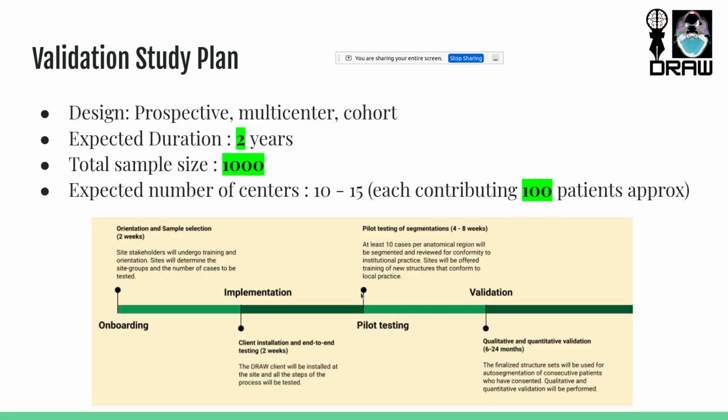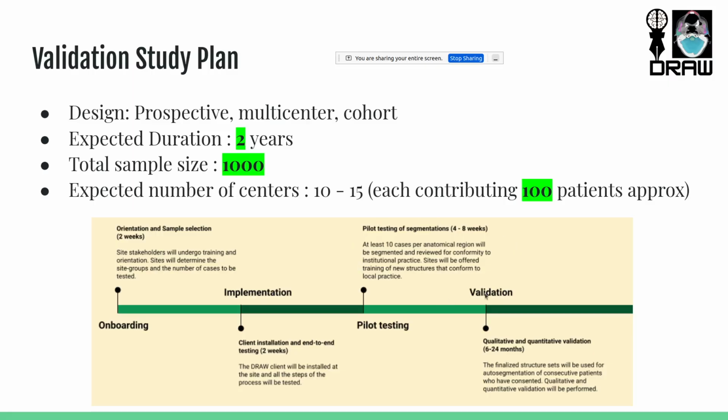For each center we will have an orientation and sample selection phase of about 2 weeks, where we will train and orient you on the system, followed by a 2 week period for installation and end-to-end testing, so that we make sure the DICOM data is being transferred with proper de-identification, retrieved back properly, and sent to the place where it is meant to be sent.